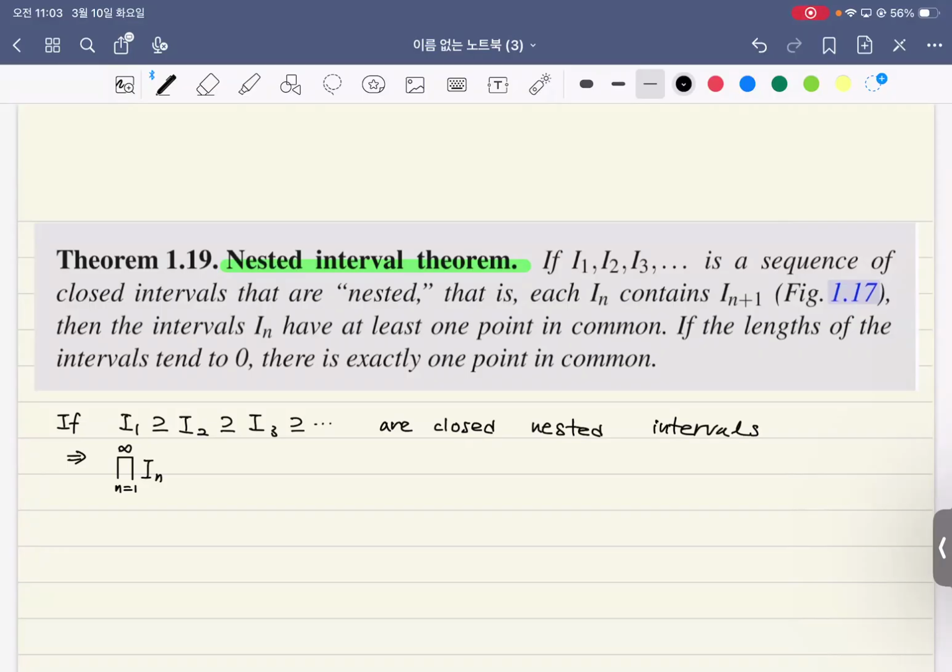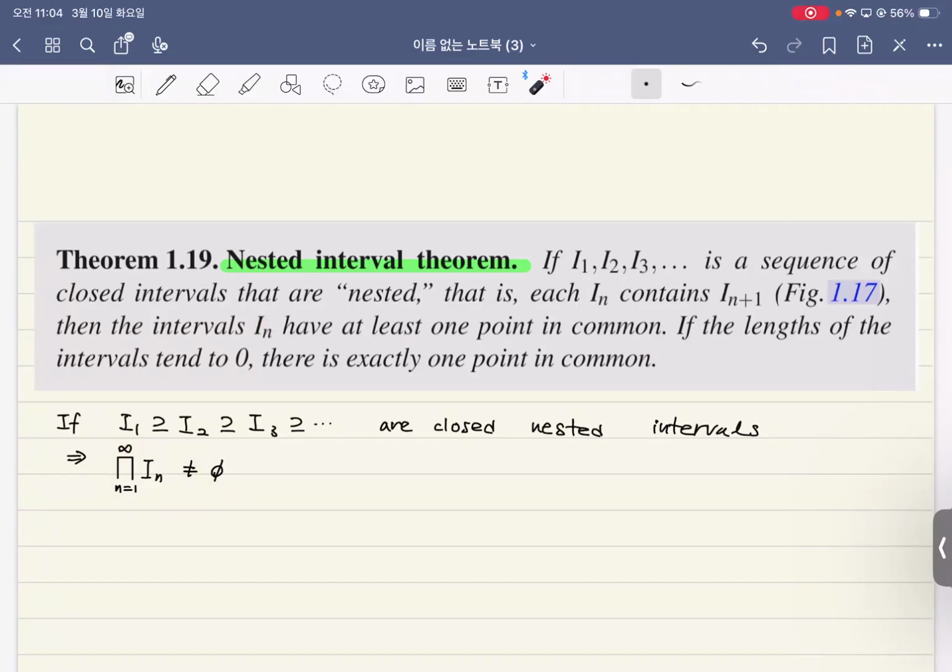I always feel like this is the limit of this sequence of intervals. We have not discussed the definition of the limit of intervals, so for now, please allow me to write it down like this. Let us consider this infinite intersection of these intervals. It says if the In are closed and nested intervals, then they have at least one point in common. That means this infinite intersection is a non-empty set. So this is the claim of this theorem, right?